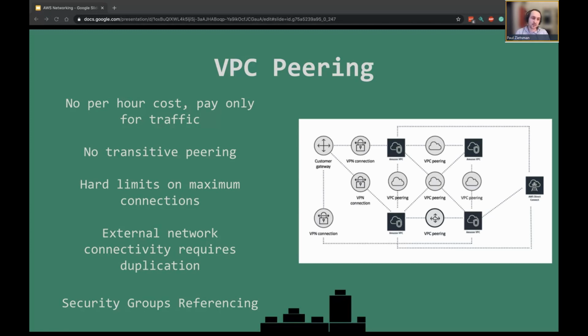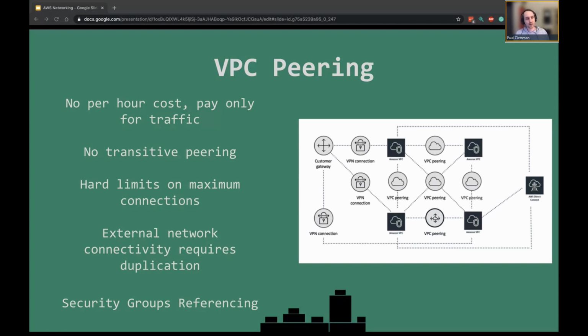If it's something simple like another peering connection, that's okay. But if it's something like a VPN tunnel that needs a lot of configuration on your on-premise network side, that's tedious. You don't want to do that. So if you're connecting to external things, VPC peering kind of falls apart. It doesn't fall apart, it's maybe not the best option.